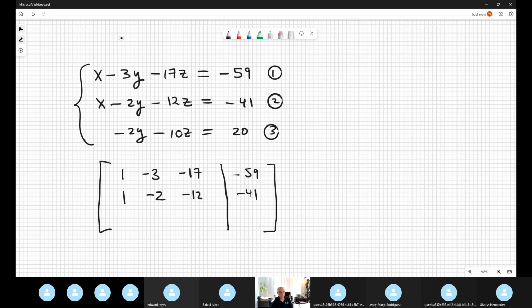Wow, too many negatives. And 0, because x is missing here, right? Minus 2, minus 10, and 20. Again, this is 3 by 4. Okay, I copy it on the piece of paper in matrix form. I go to the software, put that number in the matrix editor, convert to a matrix, this array, and apply the reduced row echelon form. It's doing it.